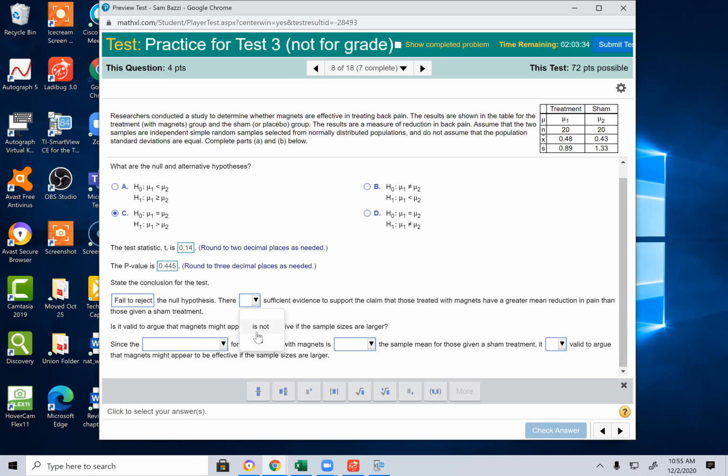There is not enough evidence to support the claim that those treated with magnets have a greater mean reduction in pain than those given a sham treatment.